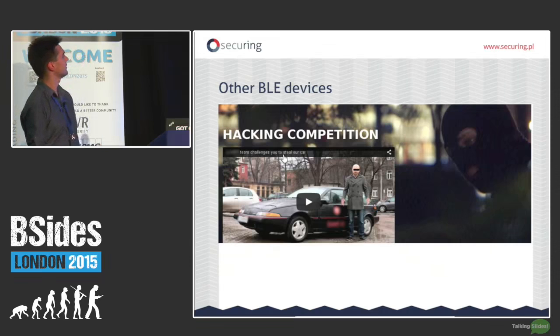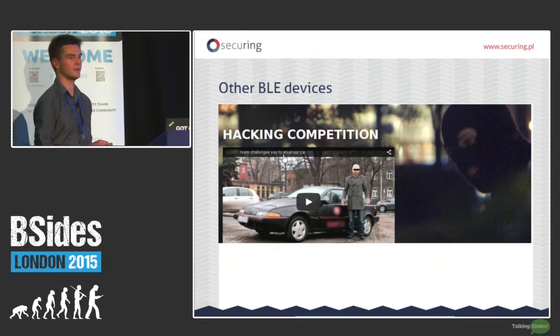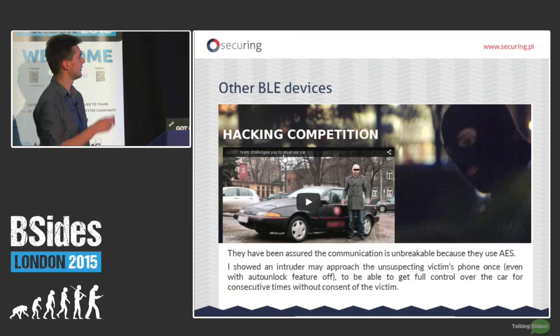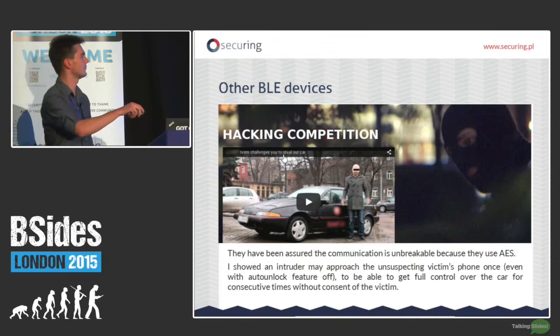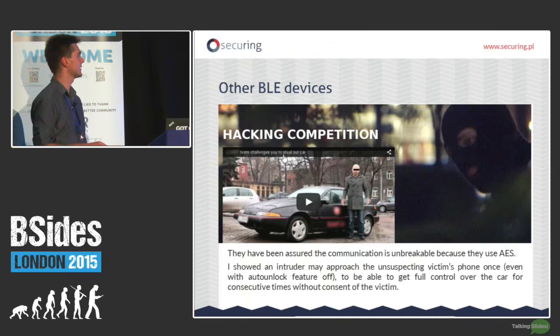And well, in my city, there was a hacking competition by a startup which invented an appliance for the car that connects with a mobile device, and you can open your car with a mobile application. And actually, we hacked this competition, even though somebody told them that it's unbreakable because of the use of AES.